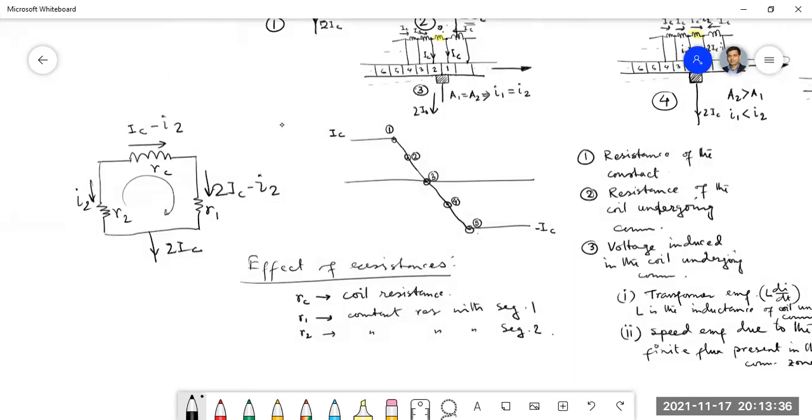Once again: I2 R2, minus (IC minus I2) into RC, minus (2IC minus I2) into R1, equal to 0. Everyone understood this KVL equation?